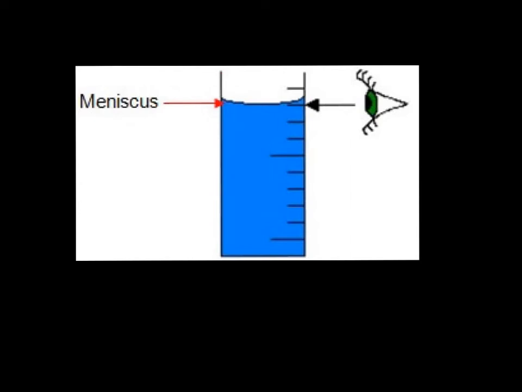And so you have to make sure that you read the graduated cylinder at the lowest level, or the meniscus. So you want to make sure those two rules again. I'd probably write those down. You want to read it at eye level. You don't want to be higher or lower than the liquid level, and you want to make sure you read it at the lowest point, or the meniscus.